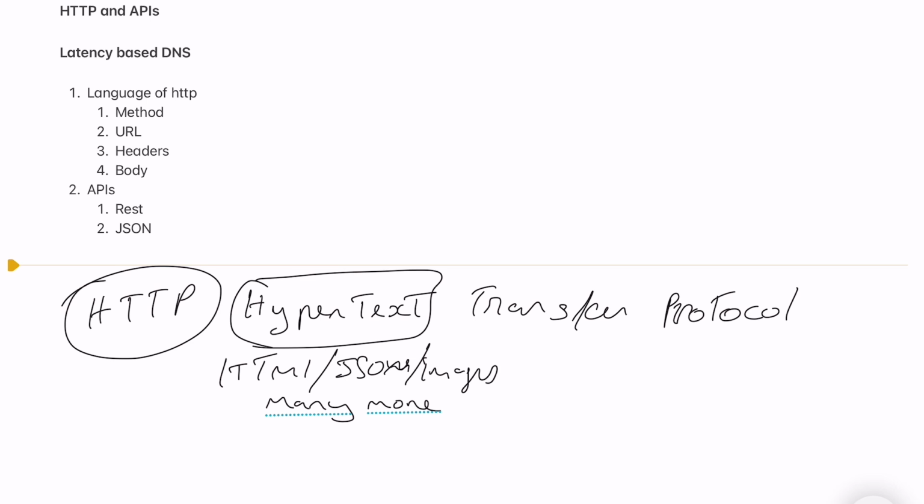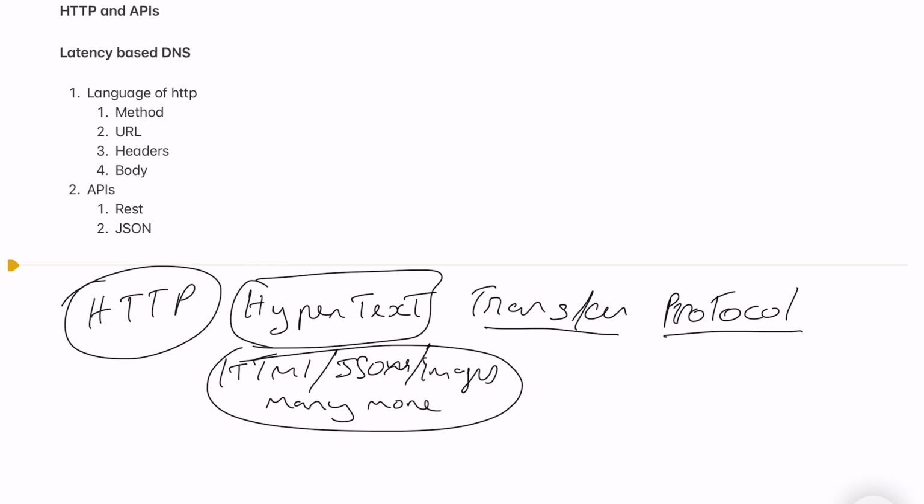Okay, now hypertext comprises the format. Transfer is that you're transferring data from one place to another. It is basically client to server or front end to back end, back end to front end, which we have already seen in our past videos. And protocol is basically the language or set of rules which are being used for this transfer. So that is the meaning of HTTP, hypertext transfer protocol, where two systems are transferring some data.